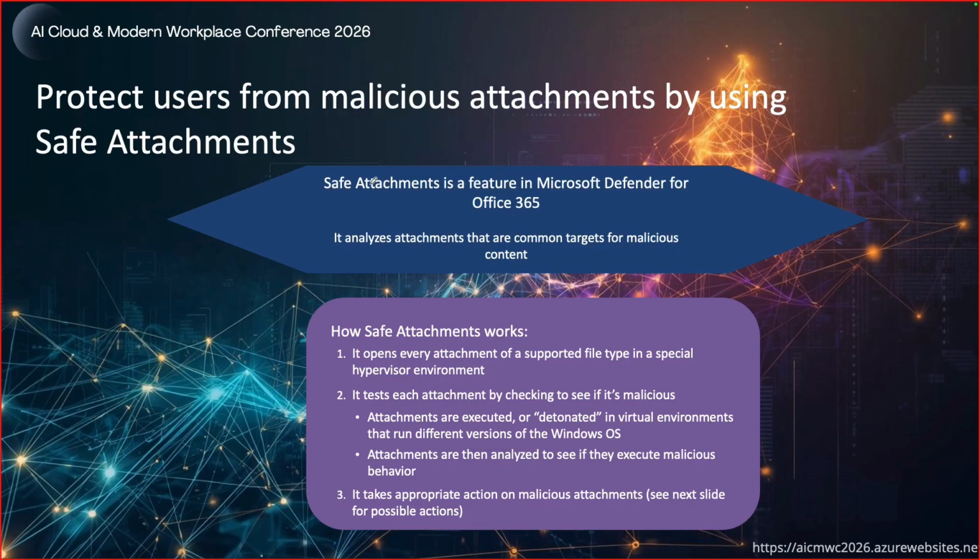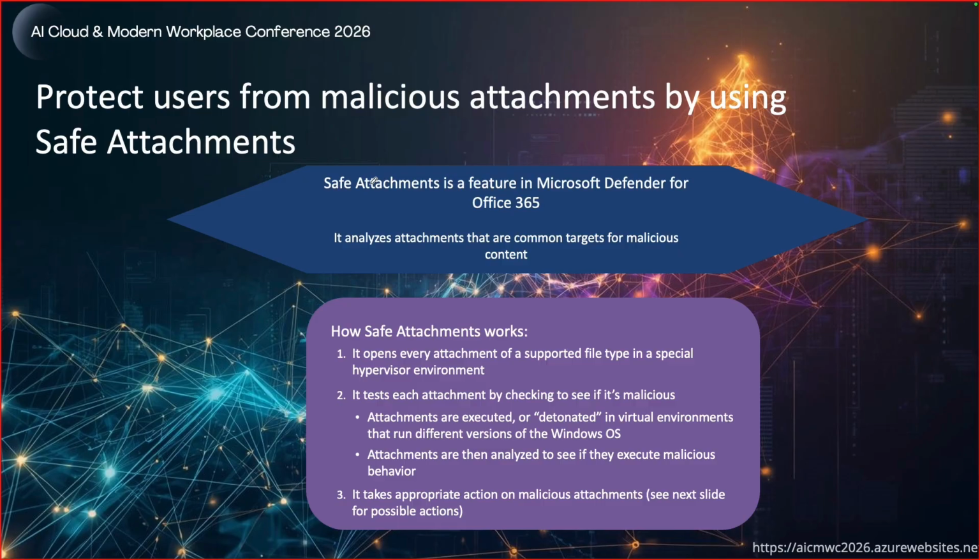As I told you before, the Safe Attachments technology opens every attachment of a supported file type. It could be a Word doc, a batch file, whatever is included as an attachment, in a special hypervisor environment. It tests each attachment by checking to see if it's malicious. So practically all attachments are executed or detonated in a virtual environment. This virtual environment runs different versions of the Windows operating system.